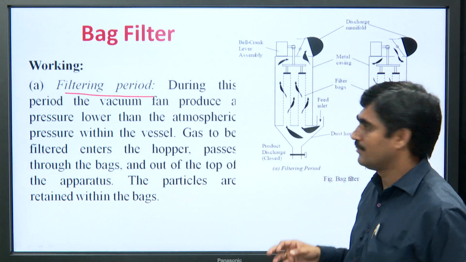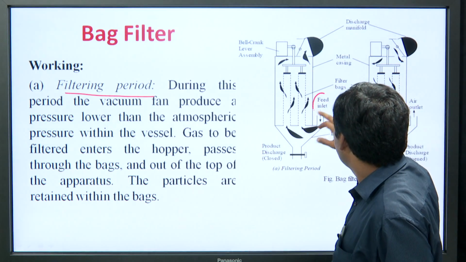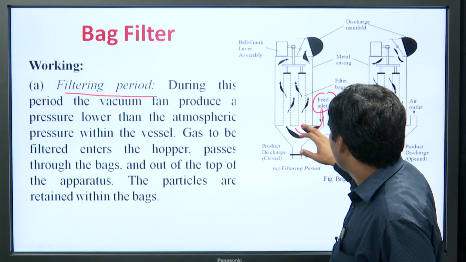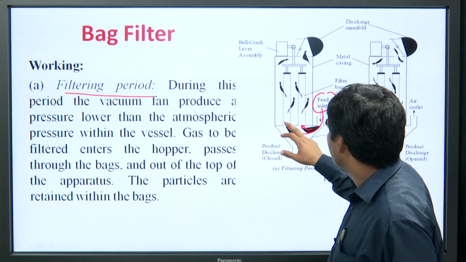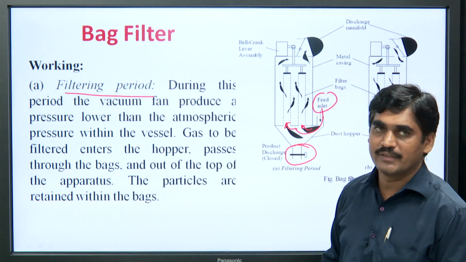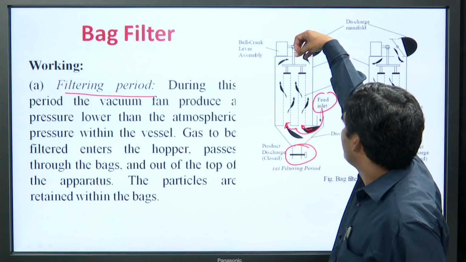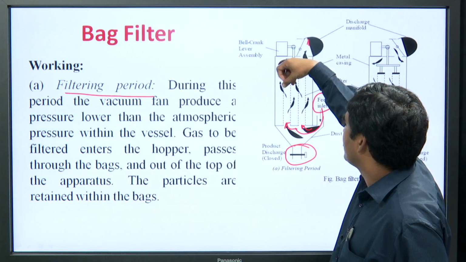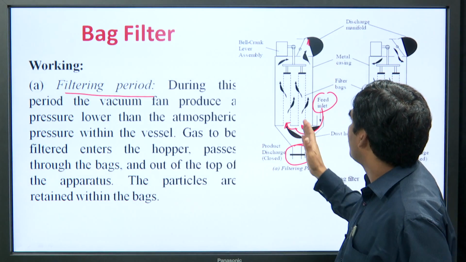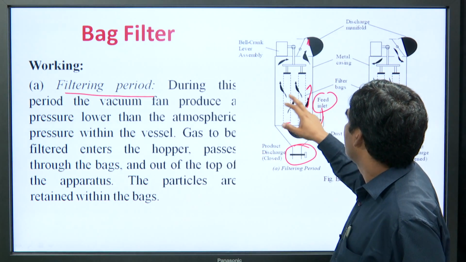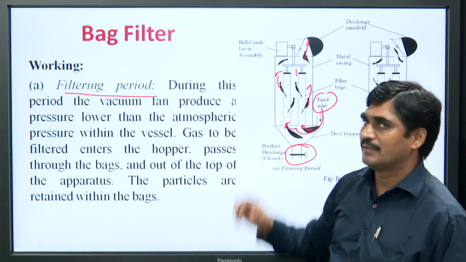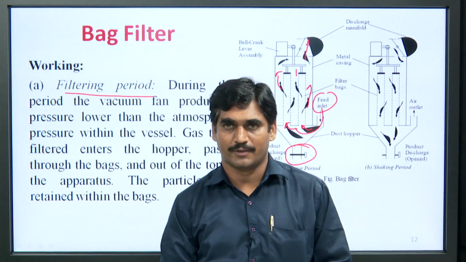The particles are retained within the bags. So, this is the feed inlet. At first the particles enter into this bag filter, and the product discharge chamber is closed. From the top position suction is applied into this bag assembly and the particles come out of this bag, move in the upward direction and are collected there only.